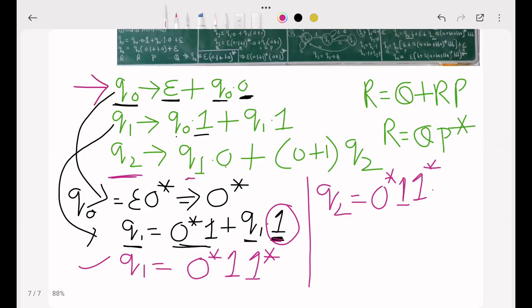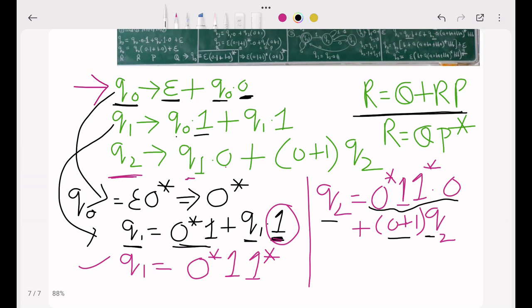Now 0 plus 1 Q2. If you see again, this is my R, this is my Q, and this is my P, and this is my R. So R is equal to Q plus RP.